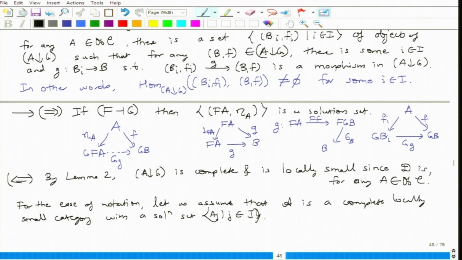So what is the meaning of being a solution set in this category? It means that for any given object of category A, there is at least one morphism from one of the A_i's. The hom set in A is non-empty. Can you see that this is actually a weaker notion of initial object itself? We are not asking for uniqueness, but we are asking for existence.